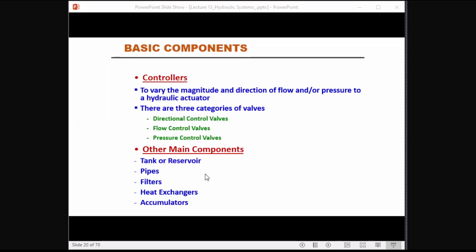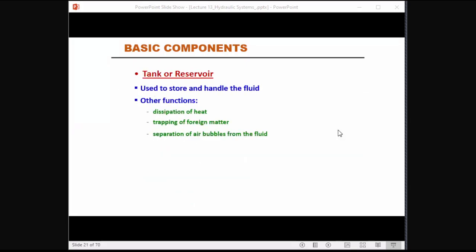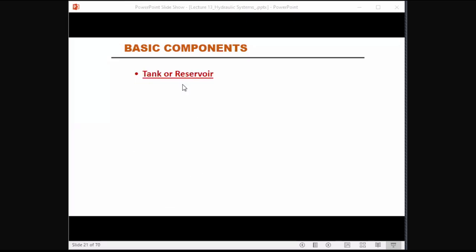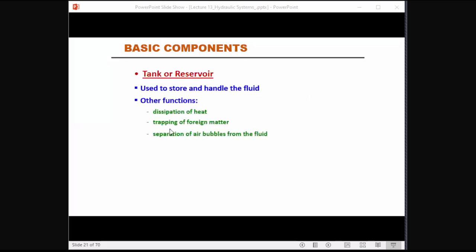This accumulator we will discuss next. Okay, the tank, and the other main components we can discuss one by one. Here you can see tank or reservoir.